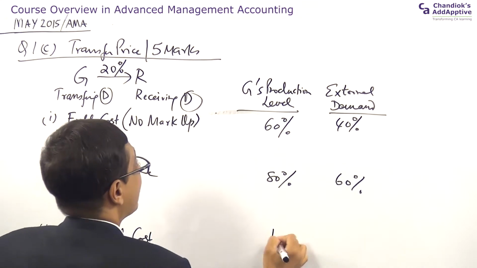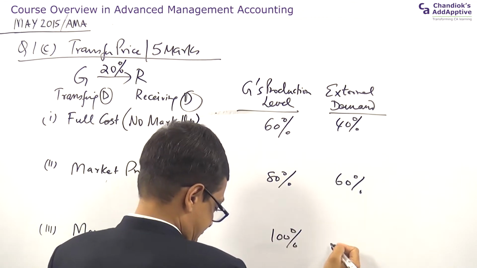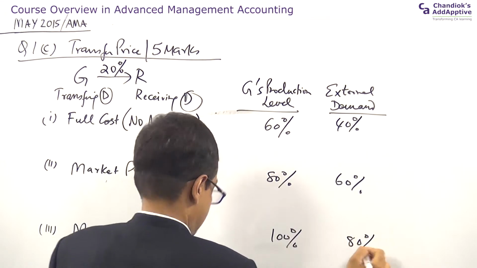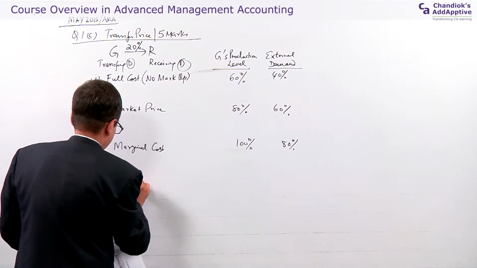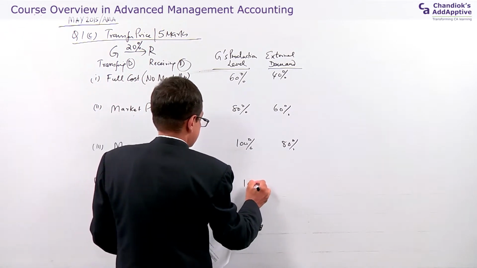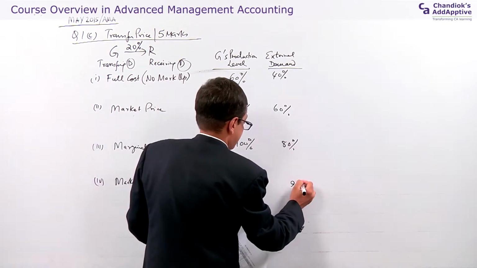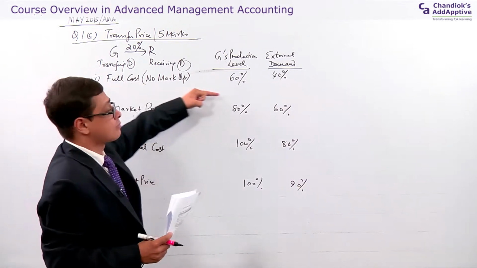This is 100%, fully occupied, and external demand is 80%. And fourth is again market price, 100% and 90%. So we have to develop reasons here.